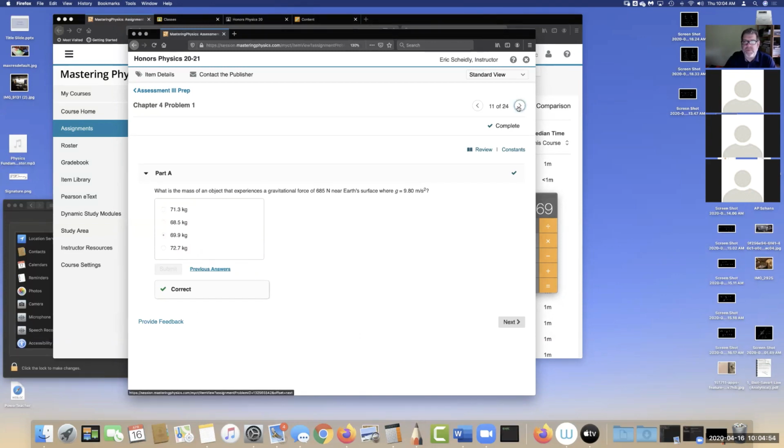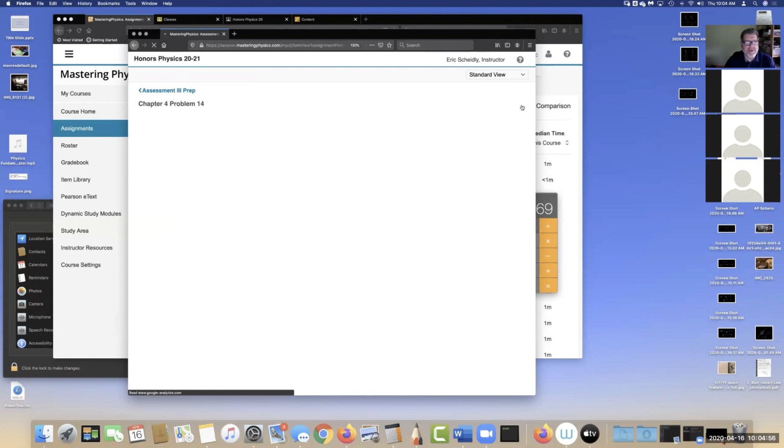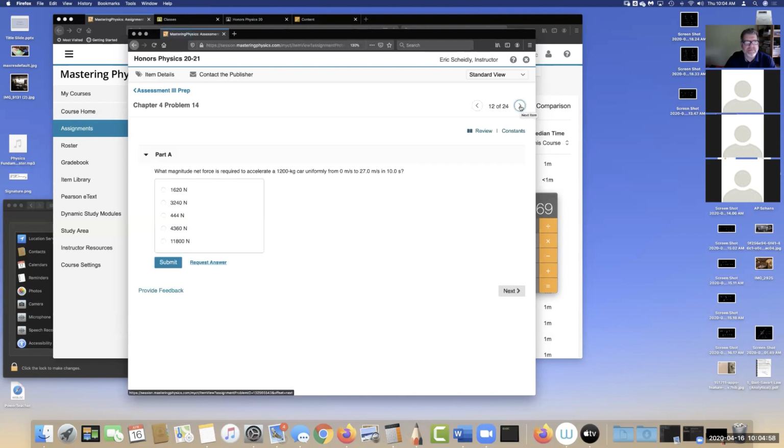I guess maybe we're moving into a part of this prep where it's going to start being calculations. What is the magnitude of a net force required to accelerate a car from 0 to 27 meters per second in 10 seconds? Well, in order to know the force, I need mass times acceleration, F equals ma. But I don't know the acceleration, but they give me this 27 meters per second.